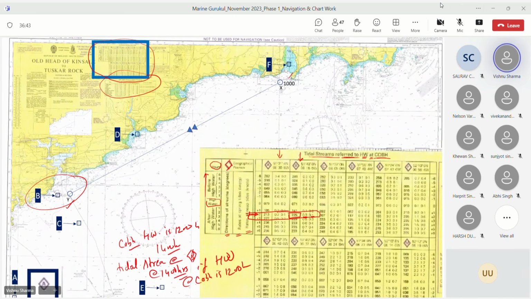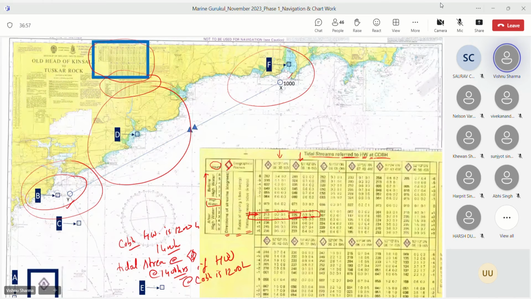But along this CMG, initially you are close to Foxtrot, then you come in the range of Delta, then you come close to Bravo. So the stations are changing, and even if the station remains the same, every hour the stream is changing.